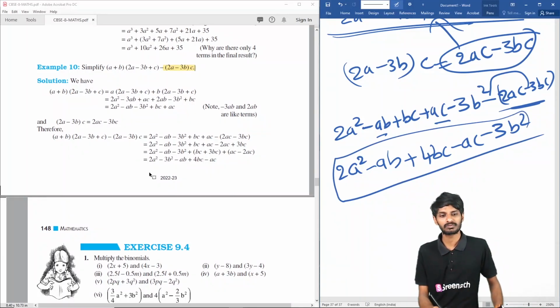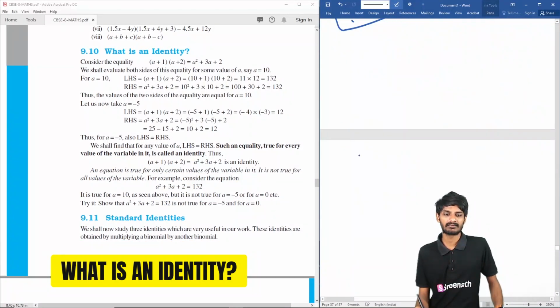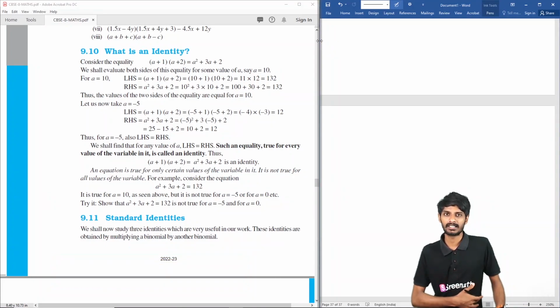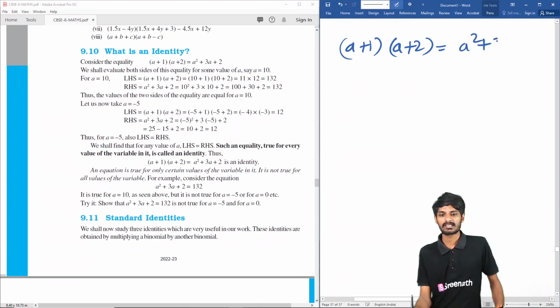Like that you have to do. And next thing is, what is an identity? What is an identity, students? How to solve identities? Suppose if you look at this, (a + 1) into (a + 2). If you multiply these, what you will get is a² + 3a + 2.